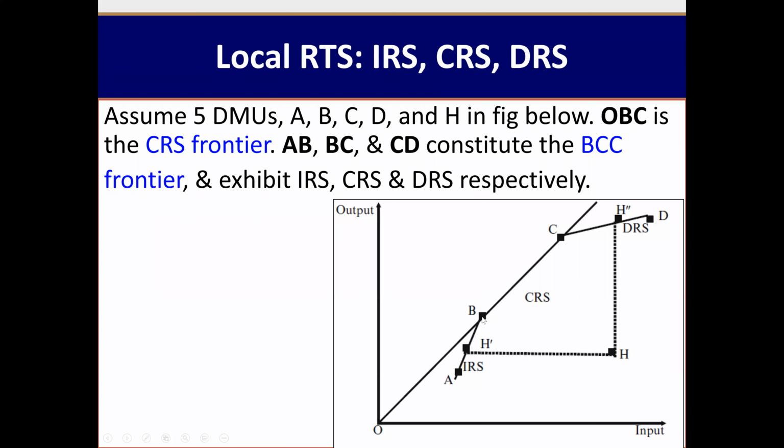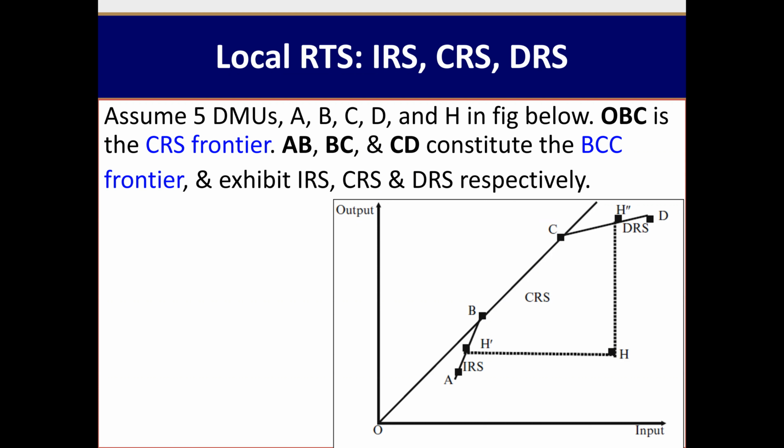DMU B is on the constant return, C is on the constant return, and then D is on the decreasing returns. Okay. Look at figure H carefully.